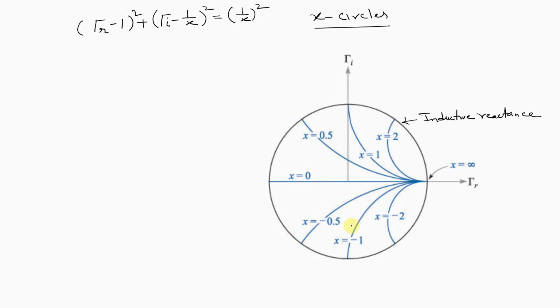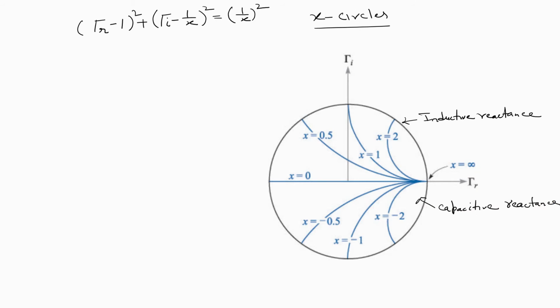If the value of x is negative, then it will remain below this gamma R axis. This is called capacitive reactance.